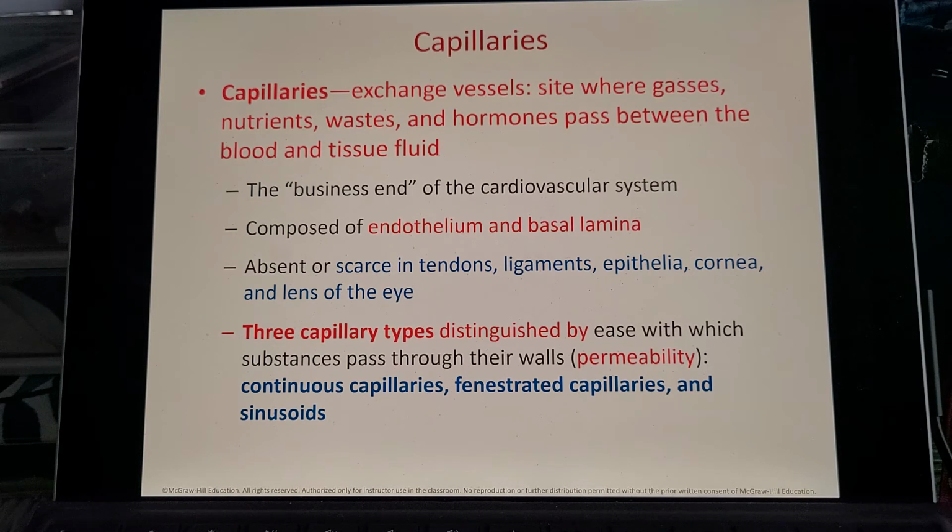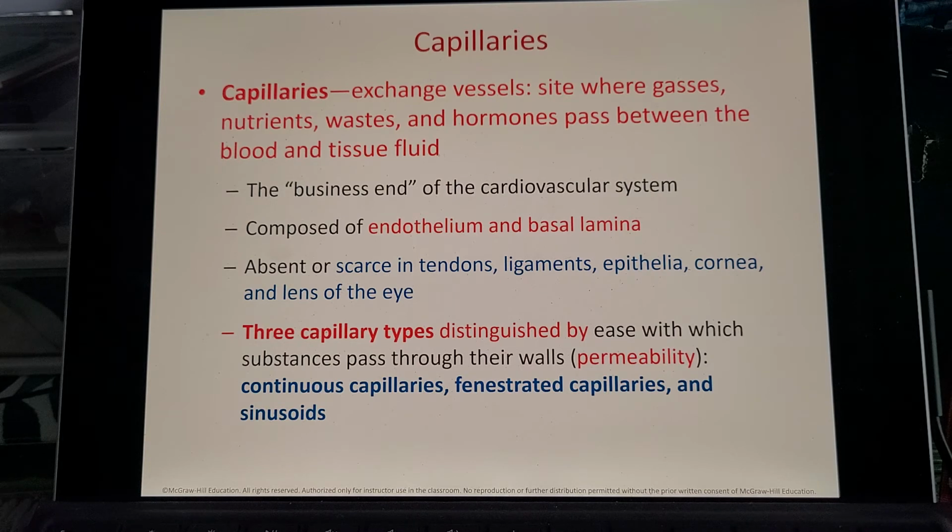Your epithelial tissue, because it receives nutrient supply from your connective tissue that's associated with it, so remember that from chapter 5. The cornea, which is the front of the eyeball, because if there was stuff there, then that would mess with your vision, so that's your front surface of the eye. And then the lens, which light also has to pass through and then get detected, so if the capillaries were there, you would not be able to get a good light signal because something would be blocking your way.